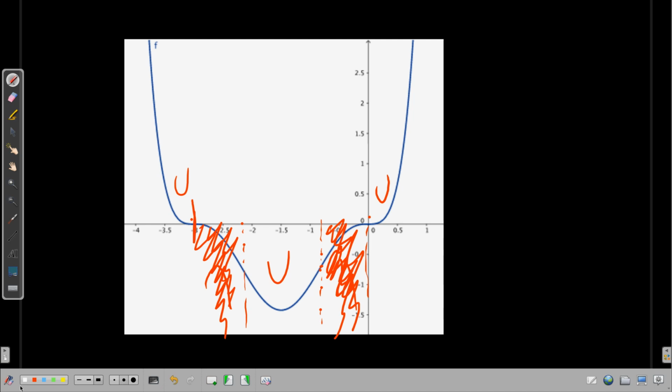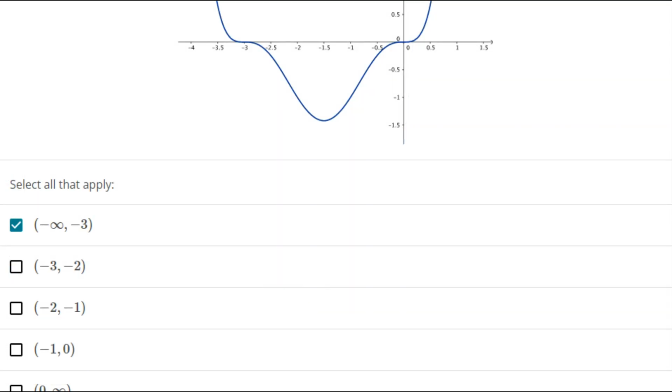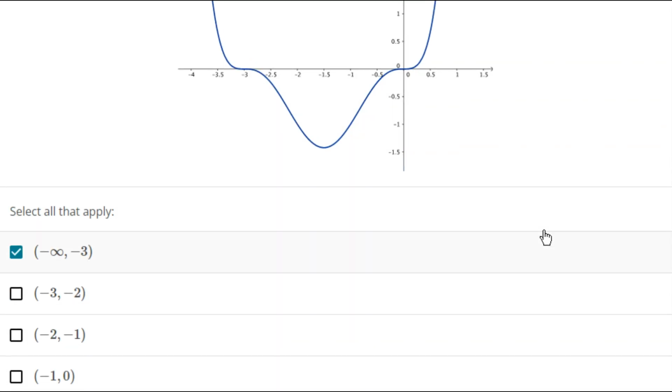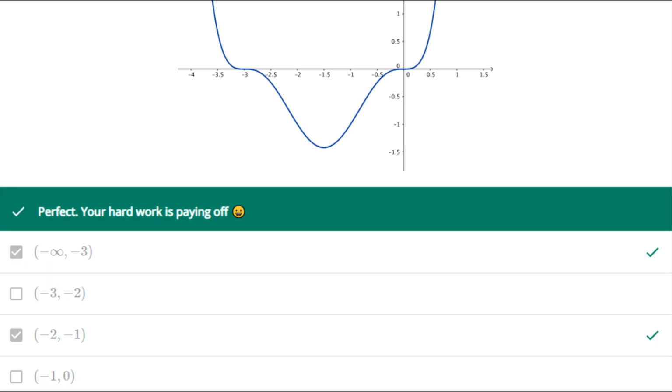Okay, then I would have to pick zero to infinity and this one. So these are the three, these are them.